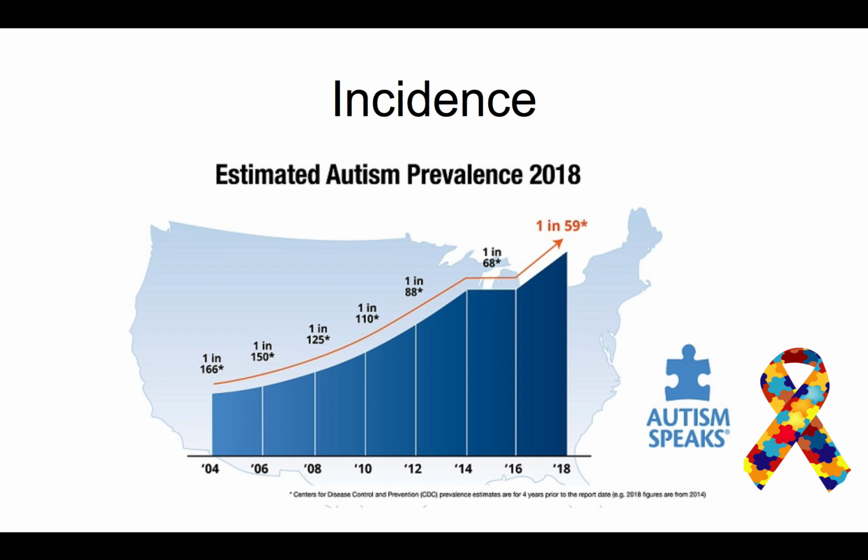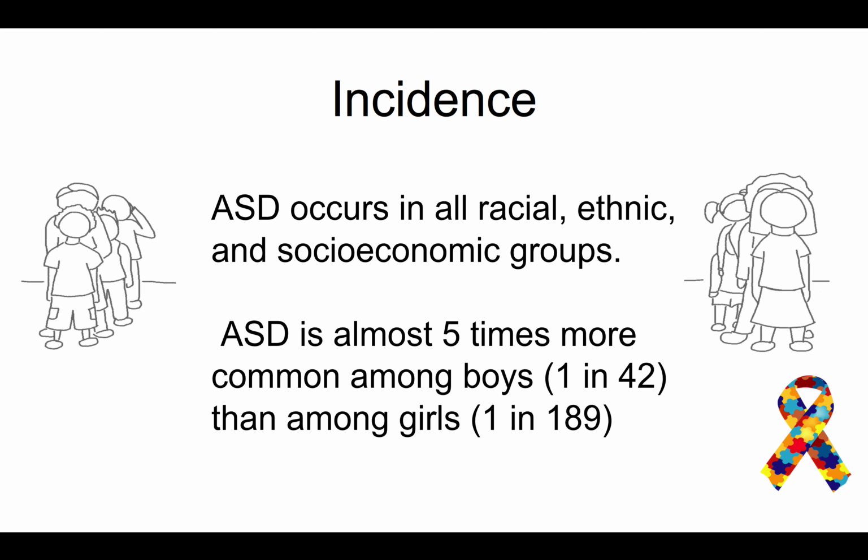So it's not well understood why this increase is occurring, but it certainly is. Autism occurs in all racial, ethnic, and socioeconomic groups. More common in boys than among girls for some reason.